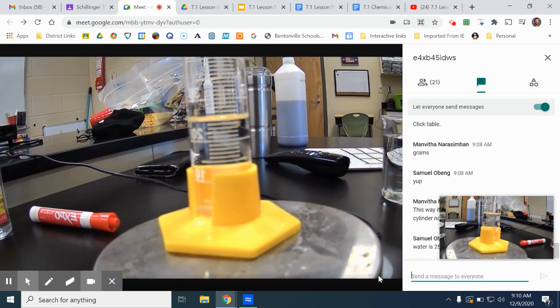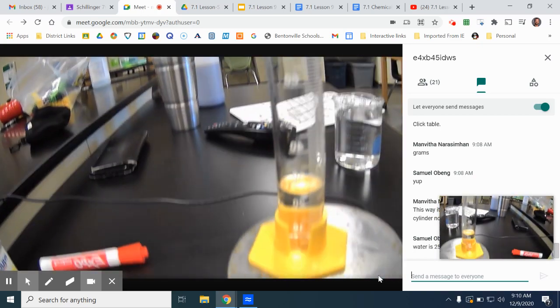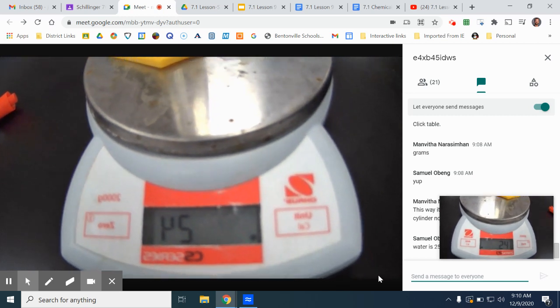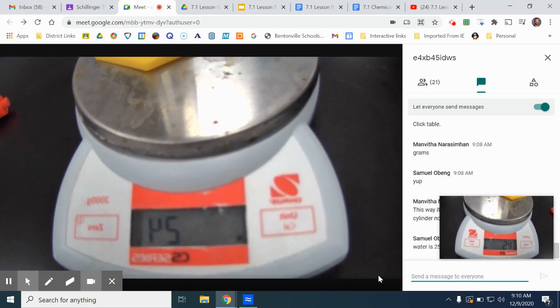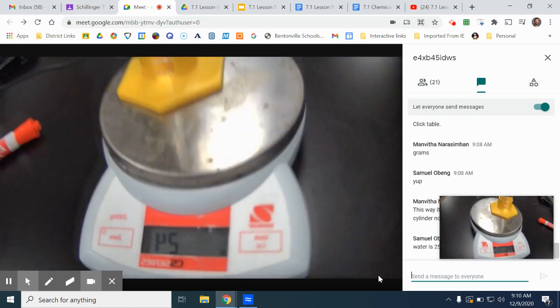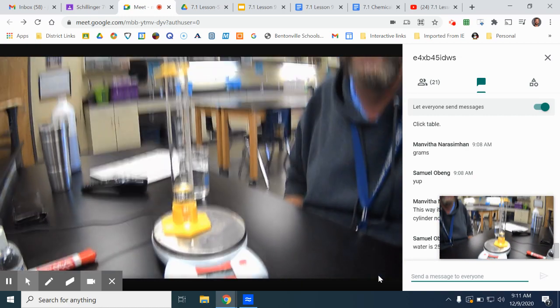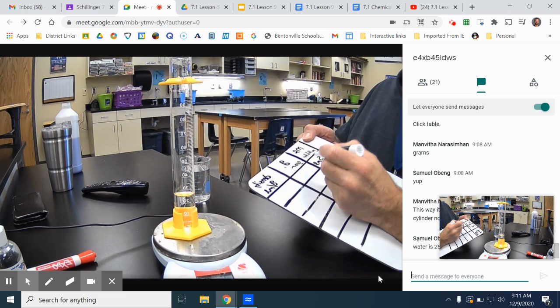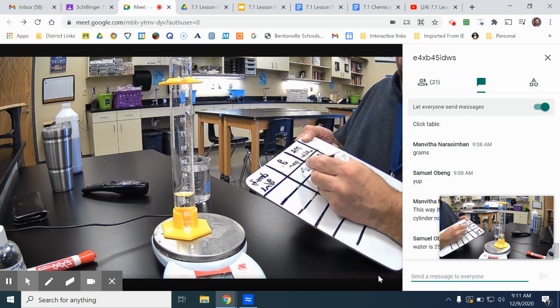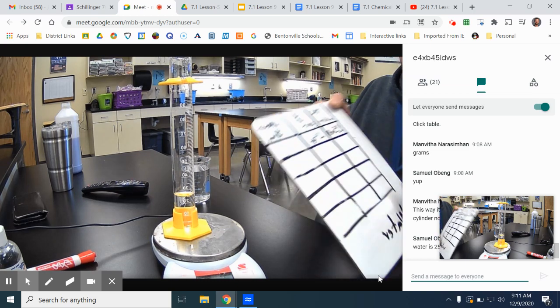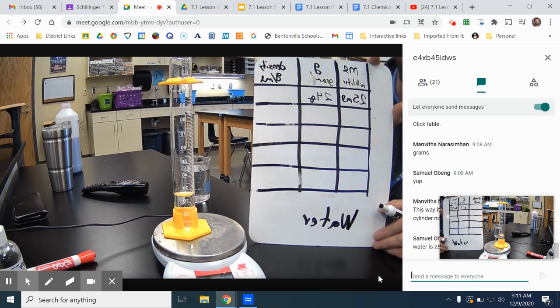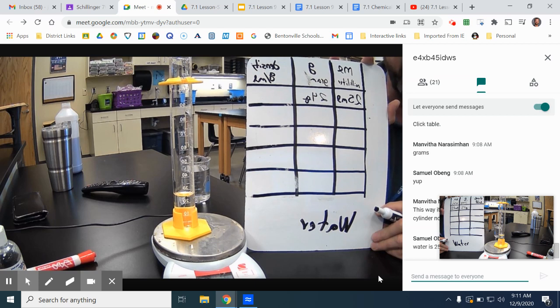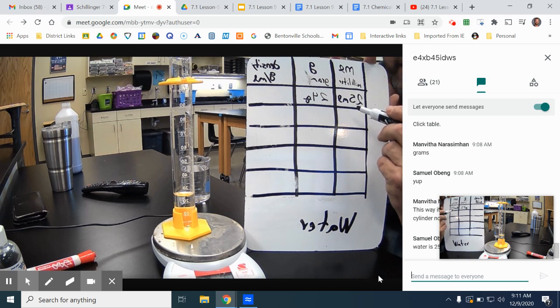It's at 25 milliliters. If I look at my scale, it is 24 grams. So I will write down 24 grams. And notice that when I'm writing it down, I am putting the unit of measure with each one. I have 25 milliliters and 24 grams.